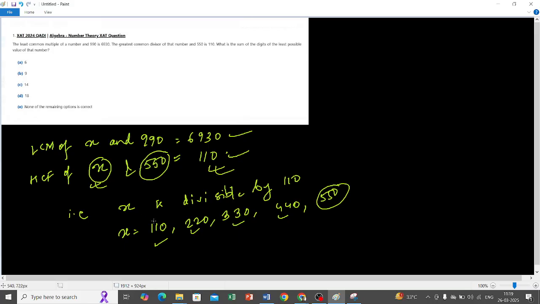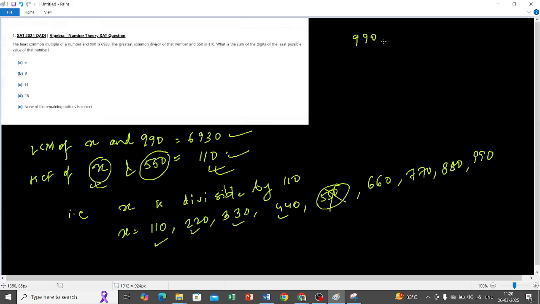So x can be 110 or 220 or 330, all these values. But x will not be 550, because if x becomes 550, then the HCF of 550 and 550 will be 550. So x cannot be 550, but x can be 660, x can be 770, x can be 880, x can be 990, and like this it can go on.